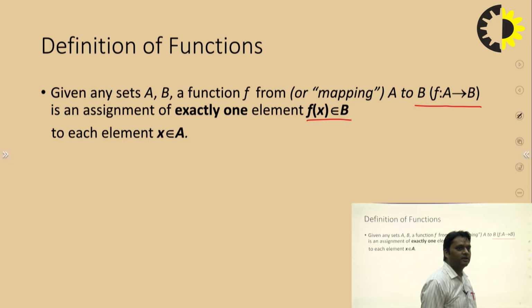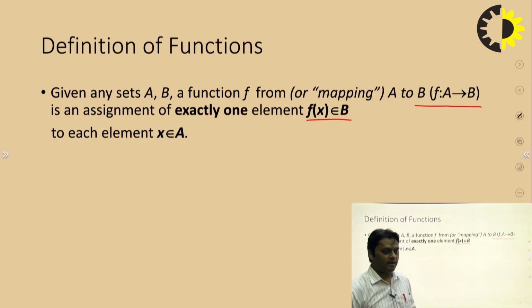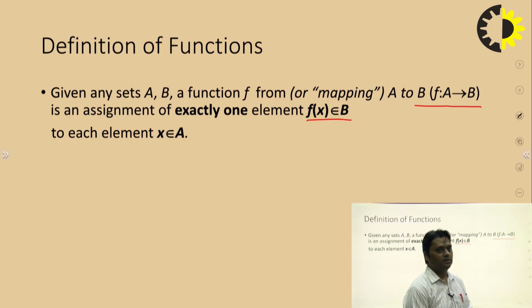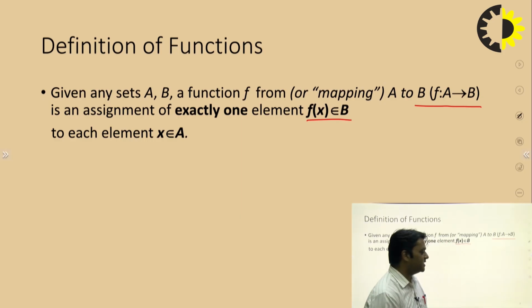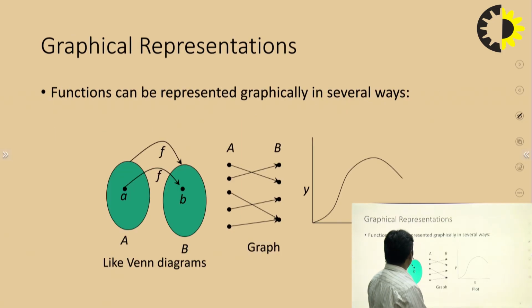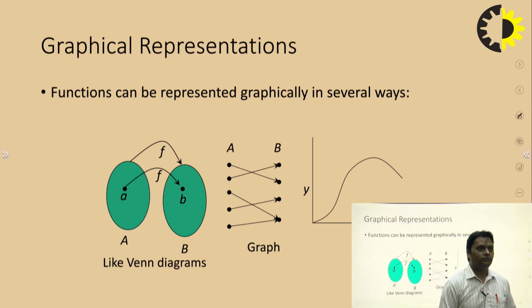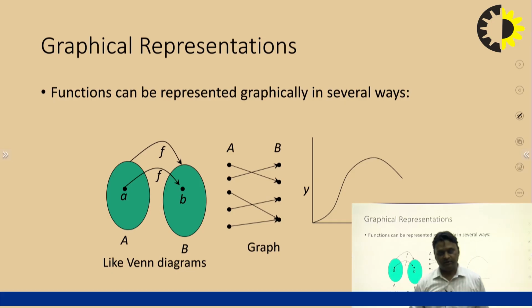In a function there are two sets A and B, and it shows the mapping between these two sets. If we write f colon A implies B, then the image of A is B. A function can be represented graphically in various ways.